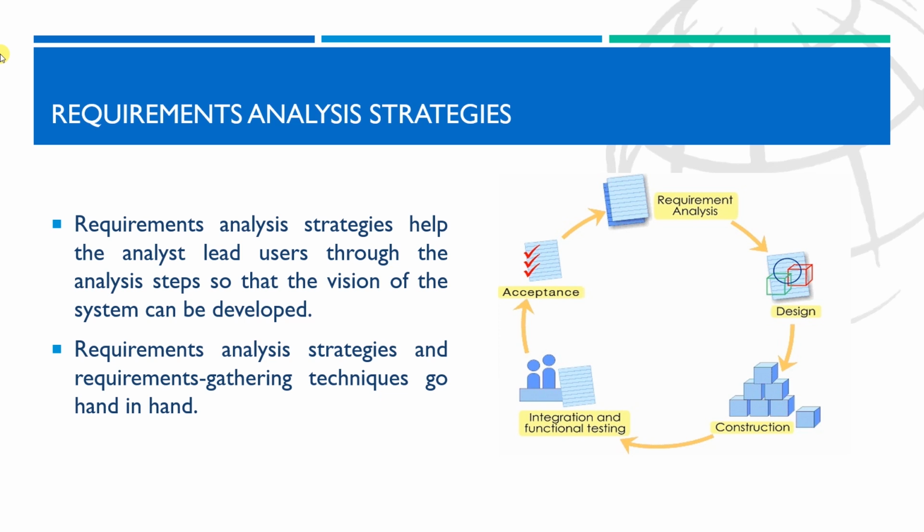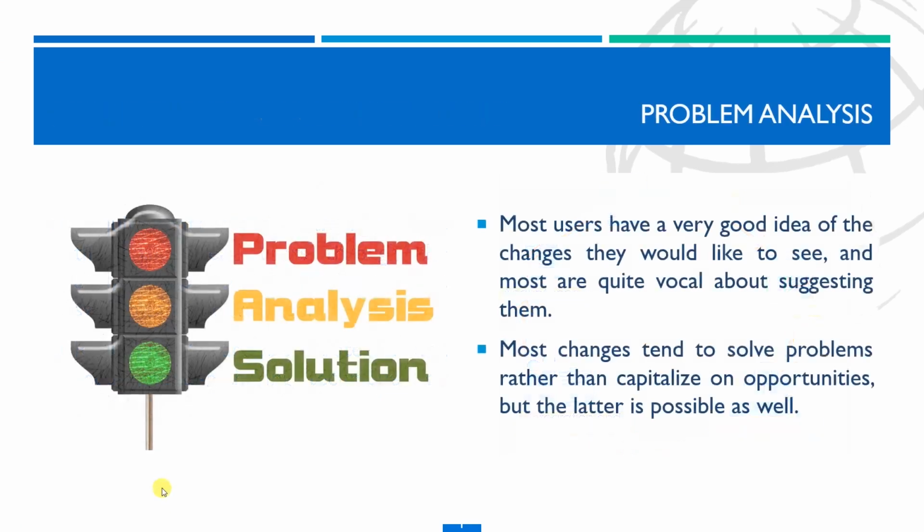And we need to know some phases inside the requirements analysis strategies. The first one is problem analysis. The most straightforward and probably the most commonly used requirements analysis technique is problem analysis.